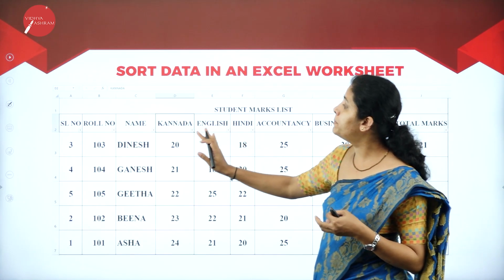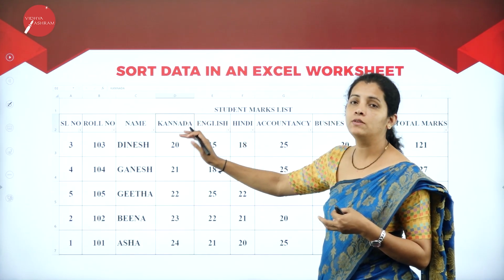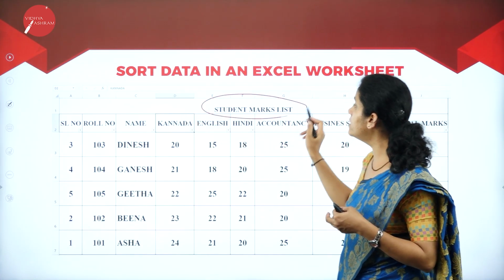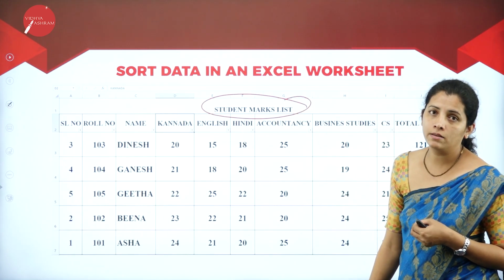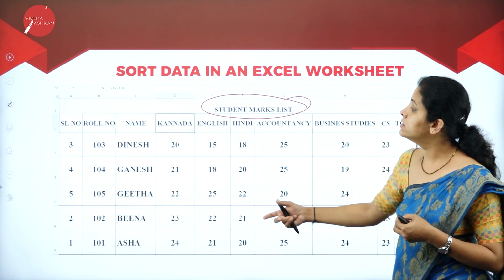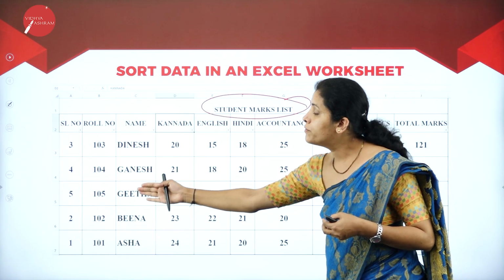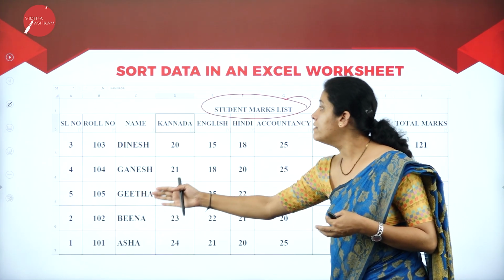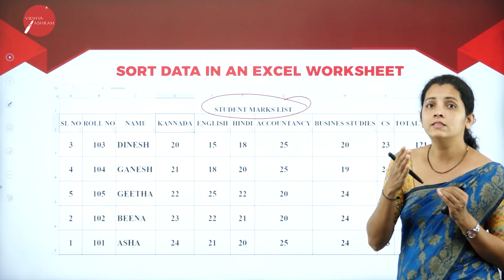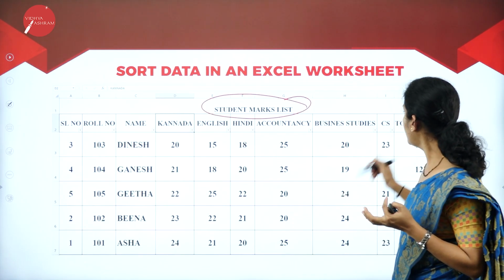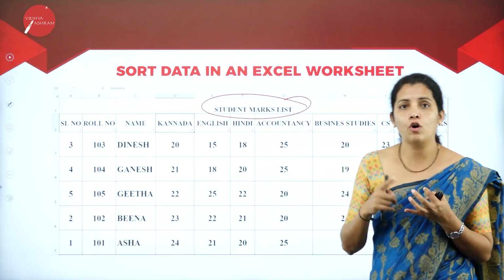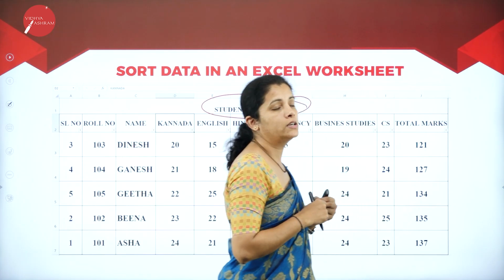So this is the simple example I have taken. What is the example here? That is a student marks list. So this is a certain number of students, and I'm going to have 6 subjects, and I'm going to have the option called total marks.